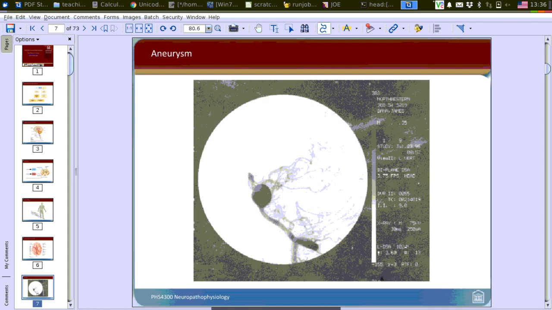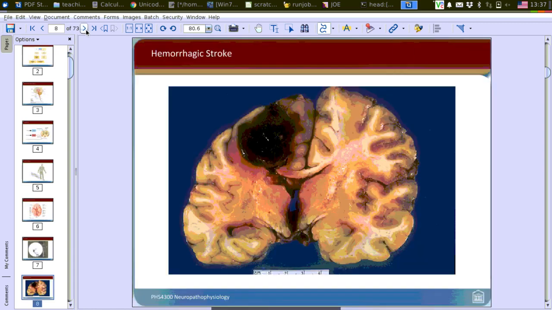But if there's damage to the muscle layers, then the wall will bulge out. And this can actually burst and bleed into the brain tissue, which we call parenchyma. And that would be a hemorrhagic stroke. So an example of a hemorrhagic stroke is shown here.